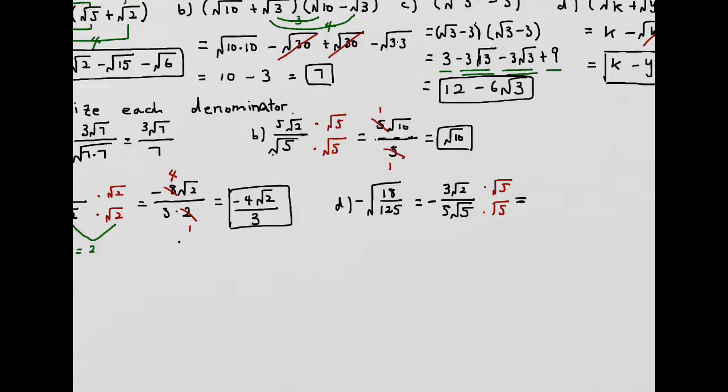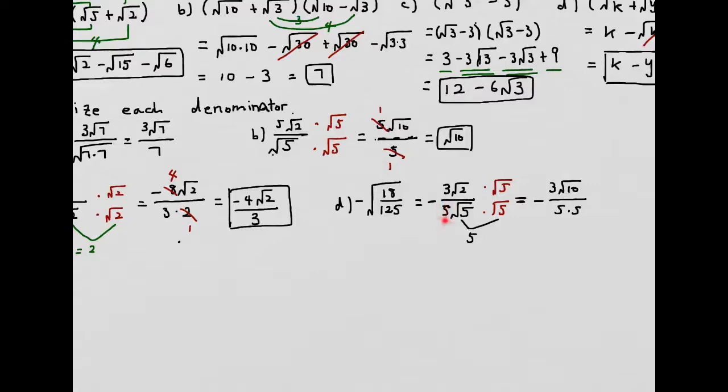Gives you negative 3 square root of 10 over 5 times 5. Remember, this square root, you get 5. So you had a 5 before.